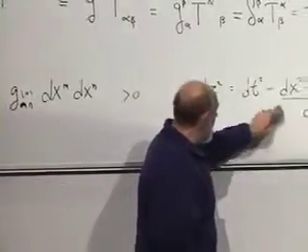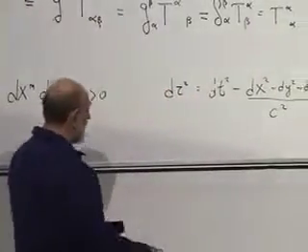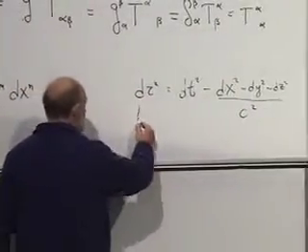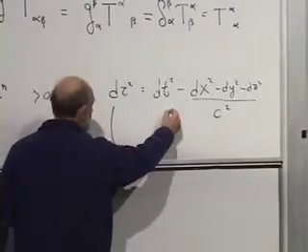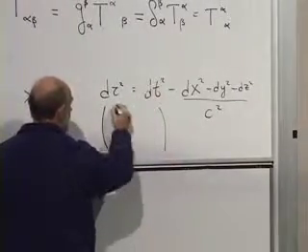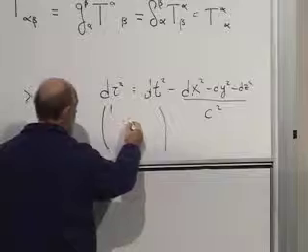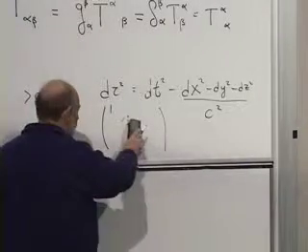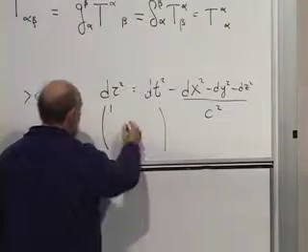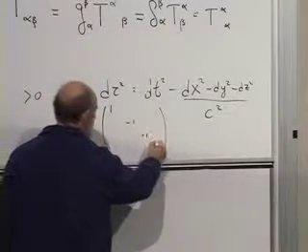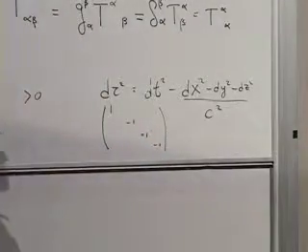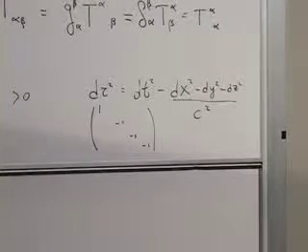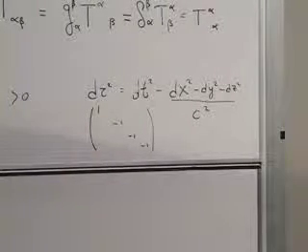Looking at this, we could write down the metric tensor. The metric tensor as a matrix would have a 1 and a minus 1 over c squared. Let's get rid of the c squared now. Now that I've put the c squared in, let's take it back out. Minus 1, minus 1, minus 1. Okay? How many positive eigenvalues does it have? 1.